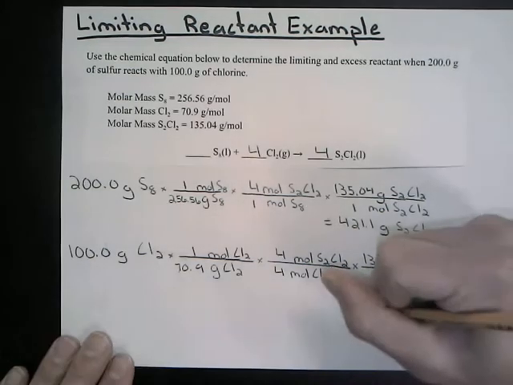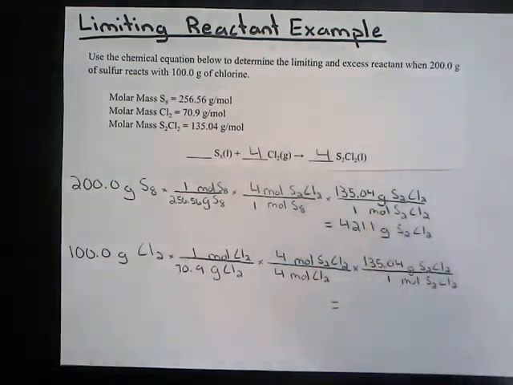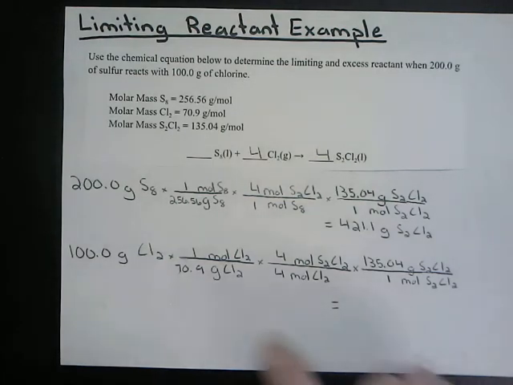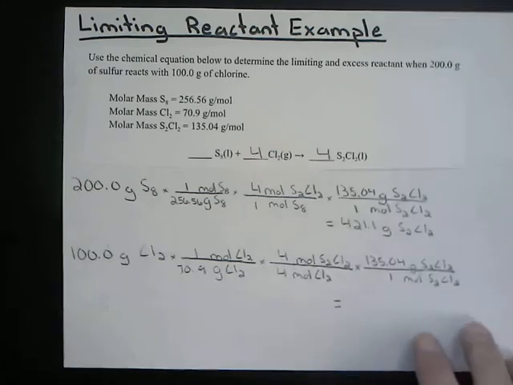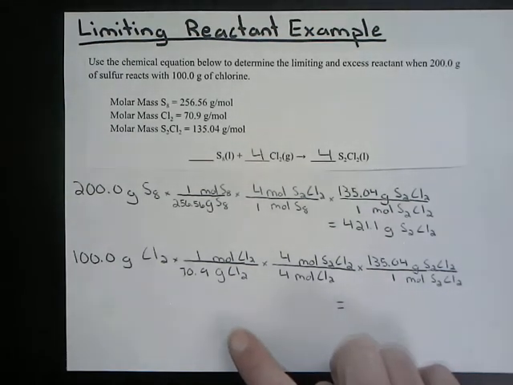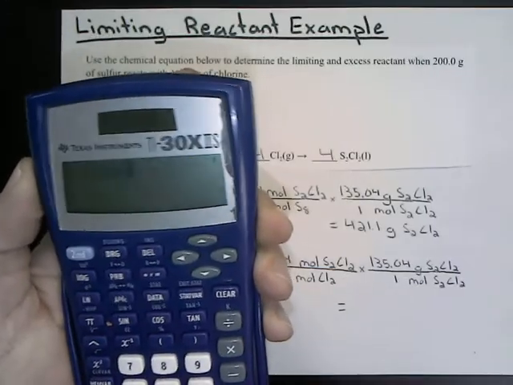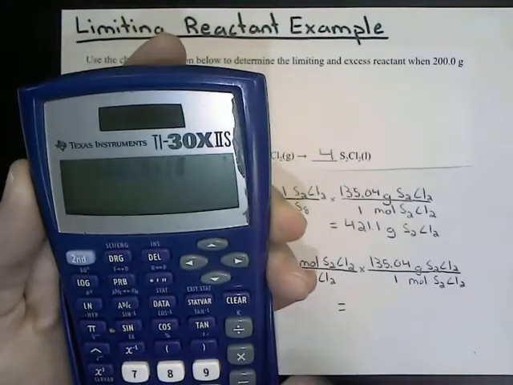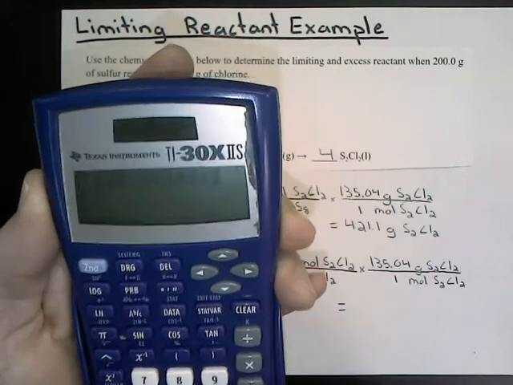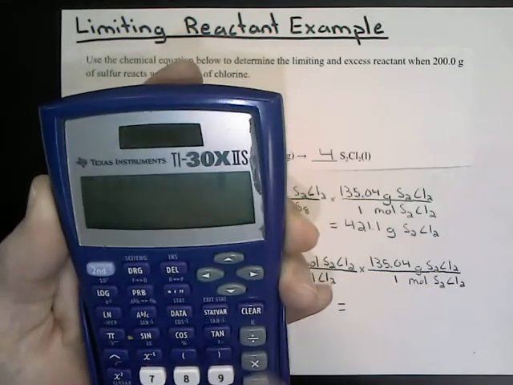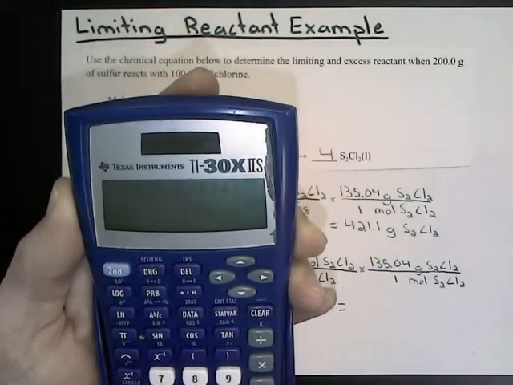So now we can do a calculation. What I'm going to do is 100 times 1 times 4 times 135.04 divided by 70.9 times 4 times 1. So again, 100.0 times 1 times 4 times 135.04. Close my parentheses.